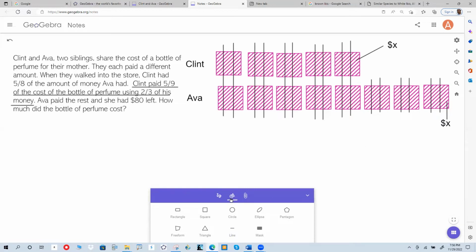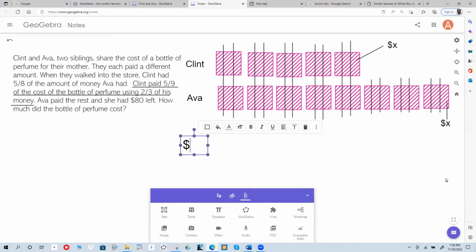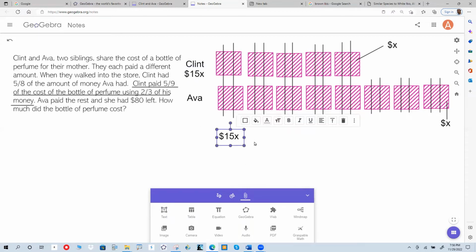So we can do a better job as follows. Clint originally had 15X dollars, put it here. And Ava had 3 times 8, 24X dollars. So we are introducing some variables here.